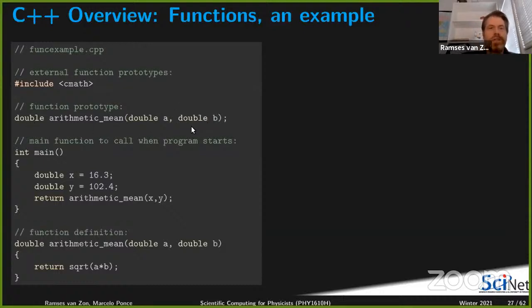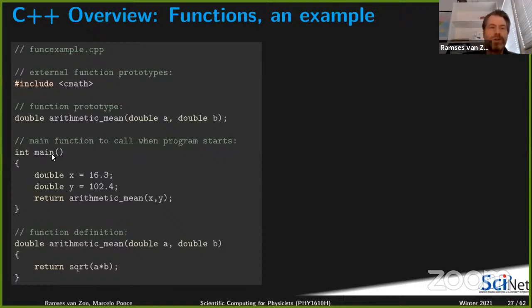This is only the prototype. I haven't said what is going to happen when I pass a and b into arithmetic mean, or what it does with them, at this stage, going from top to bottom. But the main function here can actually call this function. When called, the main function would assign x to a value, y to this value, and then return the arithmetic mean.